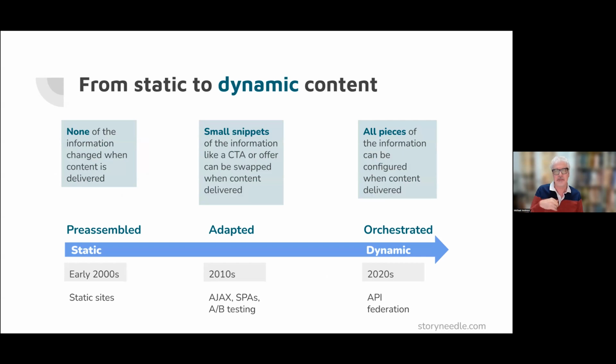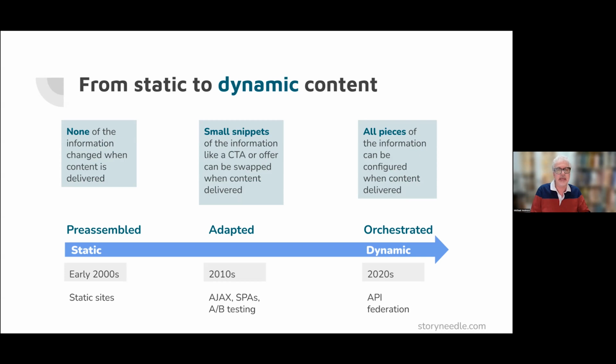We've talked about dynamic content for a number of years, and a lot of that, which I showed earlier, where you're swapping out snippets of content, that would have been called dynamic content 10 years ago. But the goal post has moved forward now. And really, truly dynamic content is when you're orchestrating a lot of the details.